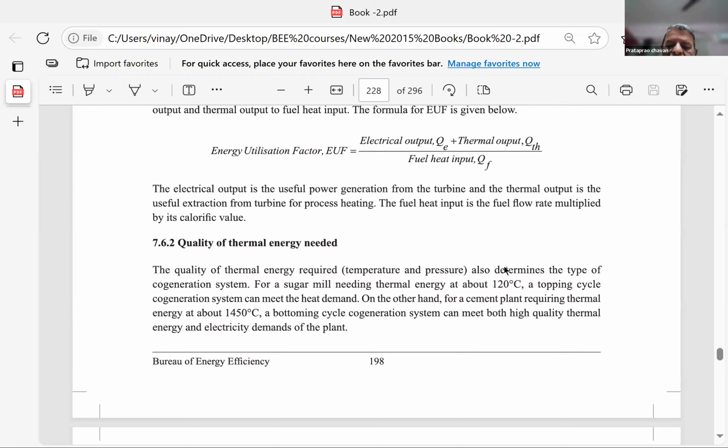Similarly, for thermal, what are the parameters? One is the temperature. What temperature are you getting? For example, wood burning. You may put a very large amount of wood and create a fire. The maximum heat intensity you can get is limited to 300 degrees, 350 degrees. At the most 500 degrees if the fire conditions are ideal.